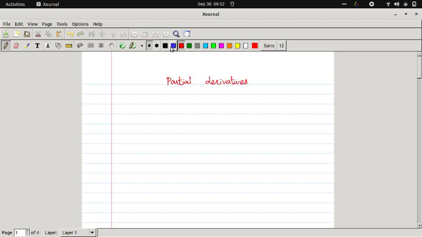When it comes to partial derivatives, the function contains more than one variable. The function has more than one independent variable.